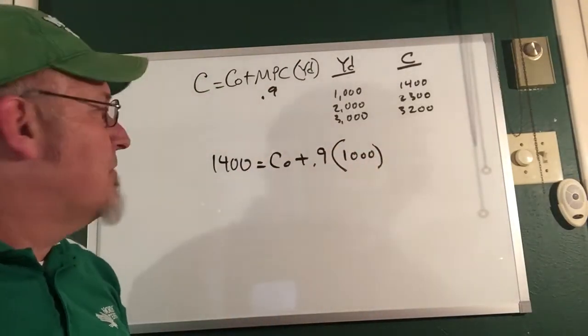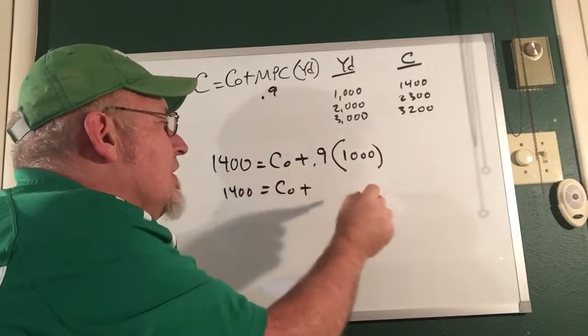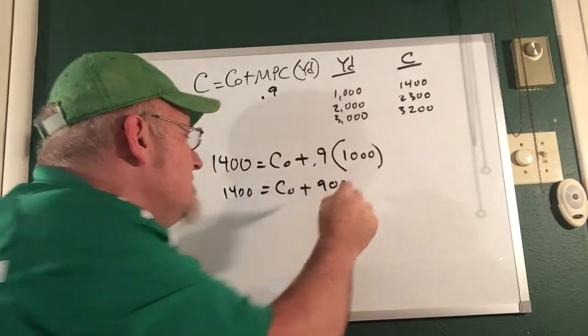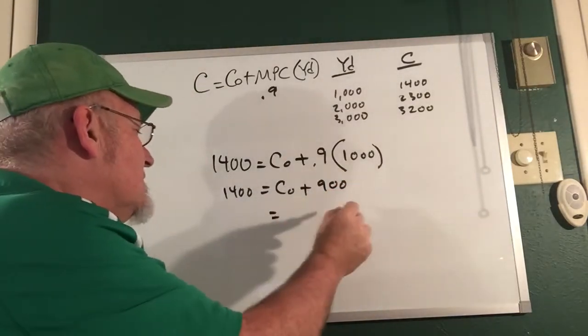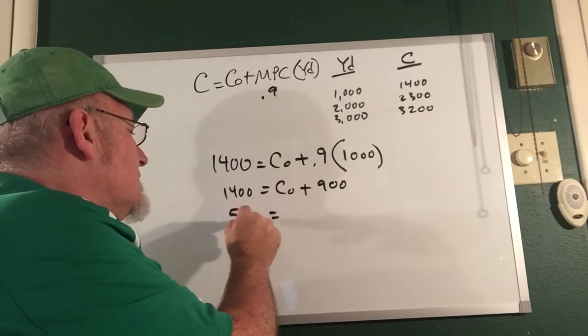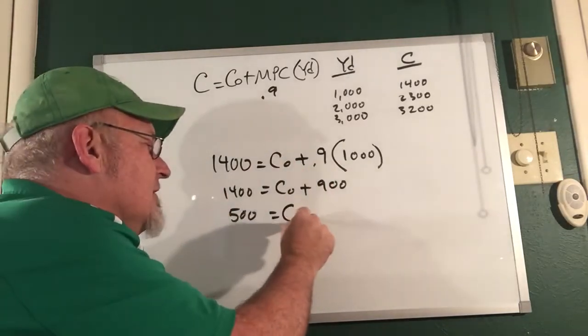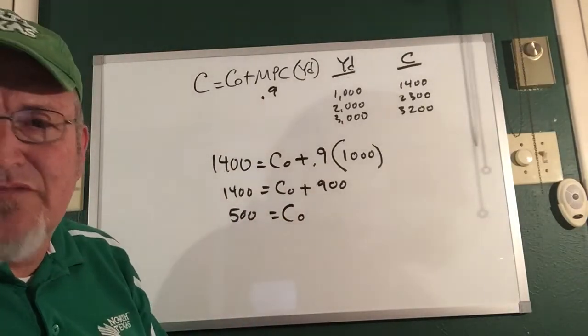And then just do the math. So 1,400 equals CO plus 900. Minus 900 on that side, minus 900 on that side, autonomous consumption 500.